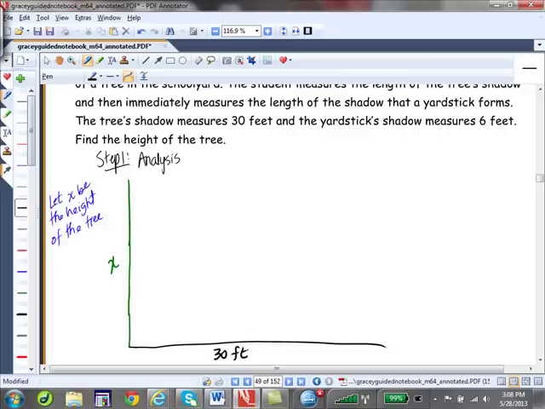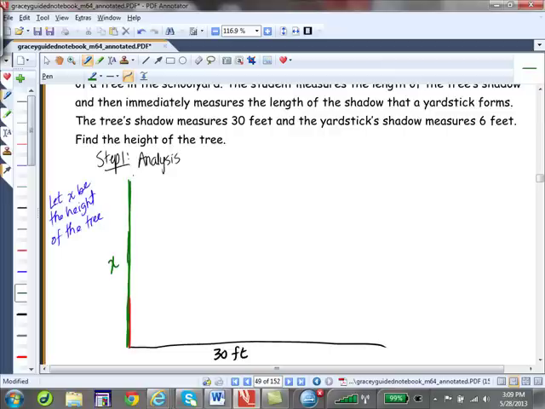Now we've got this little yardstick, okay? So the yardstick is just going to be a little bit here. So this is 3 feet. And keep in mind that the tree goes all the way down. So this yardstick is inside the tree measure that we're doing.